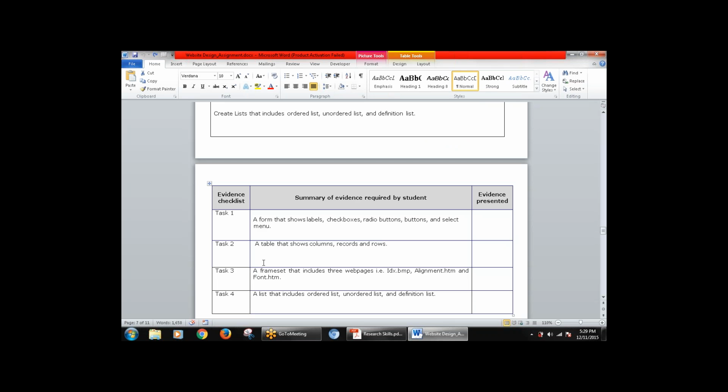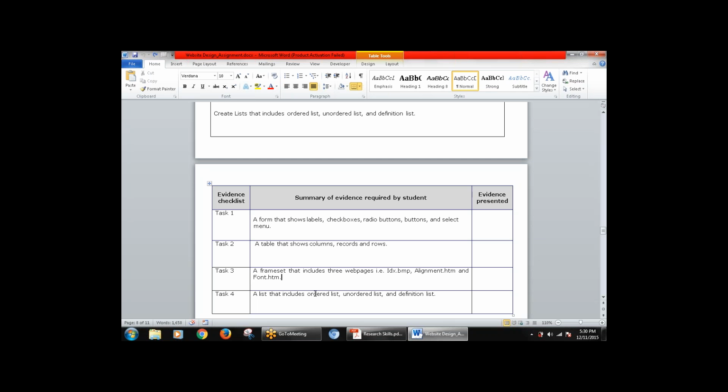That is the task number 1. So that shows the label, check boxes, radio buttons and the select menu. Then a table that shows the columns, records and the rows. Then a frame set, that is task number 3. And then there are 3 web pages, that is idx.bmp, then alignment.html and font.html.